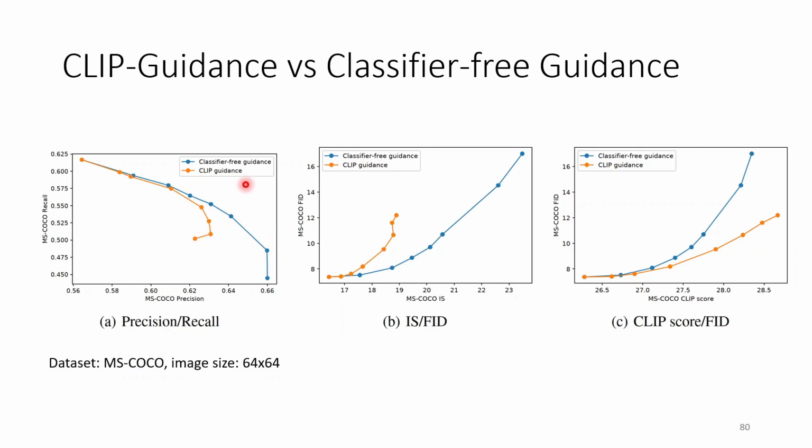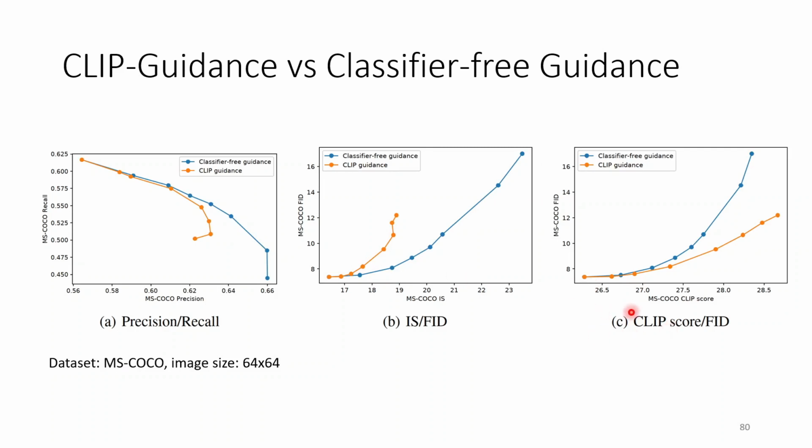So it means the classifier-free guidance is better. And if they measure the inception score and FID, for FID, the smaller the better, and for IS, inception score, the higher the better. So it means the blue one is better than the orange one.